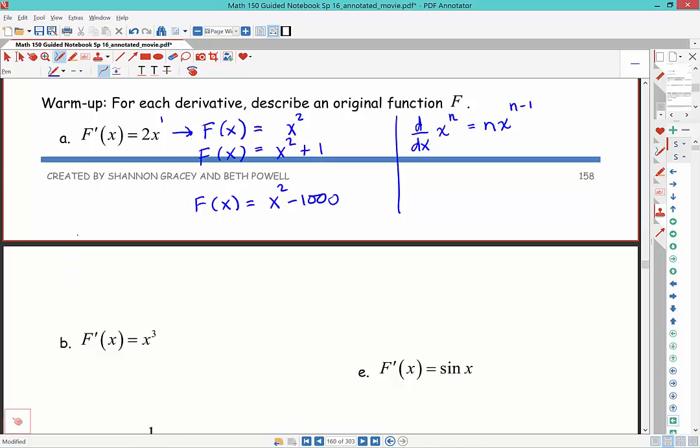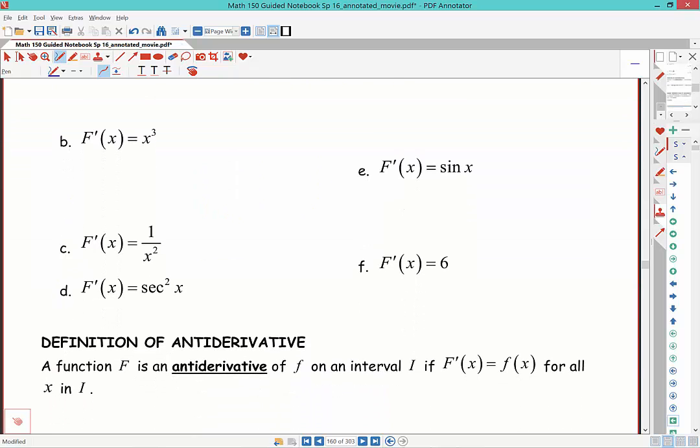Good so far? Awesome. So now let's look at some of these other ones. Sorry about the spacing. Not sure quite what happened when it went to print, but here we are. So for this one, the result after differentiating was x cubed. So here we know for sure that capital F of x would have had to have an x to the 4th there, right? And notice that there's no constant in front of the differentiated function.